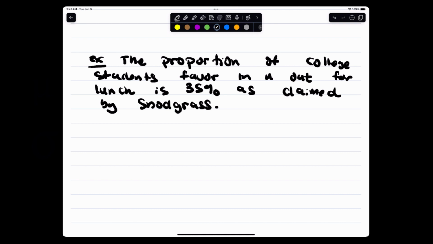So the proportion of college students who favor In-N-Out for lunch is 35%, as claimed by Snodgrass.